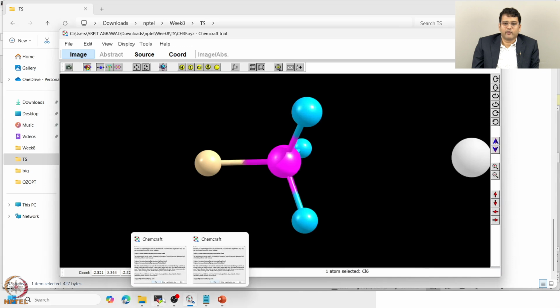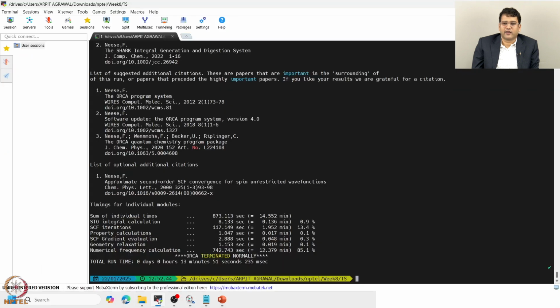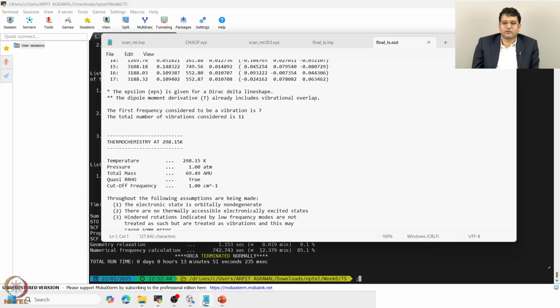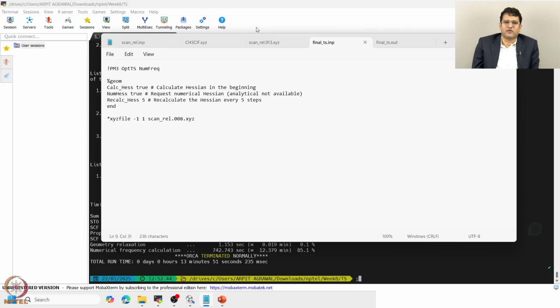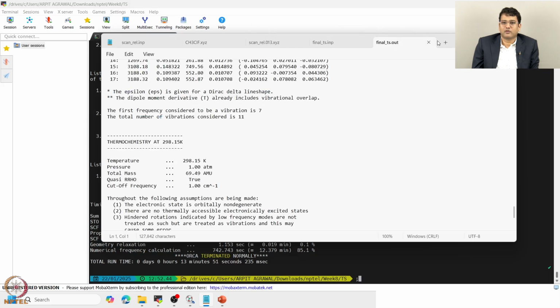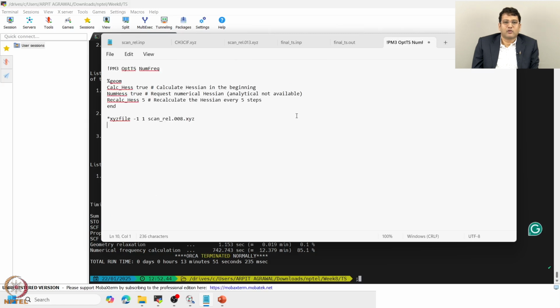So, once I get my reactant dot XYZ, I can make an input file which can be very similar to this one. Only thing I have to remember is that now I will optimize it to the reactant. I do not need the numfreq because most probably it will go to a minimum.